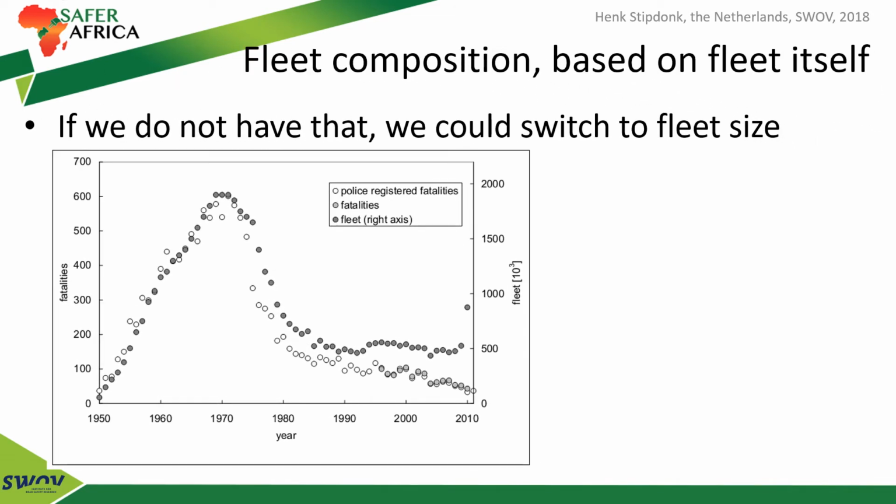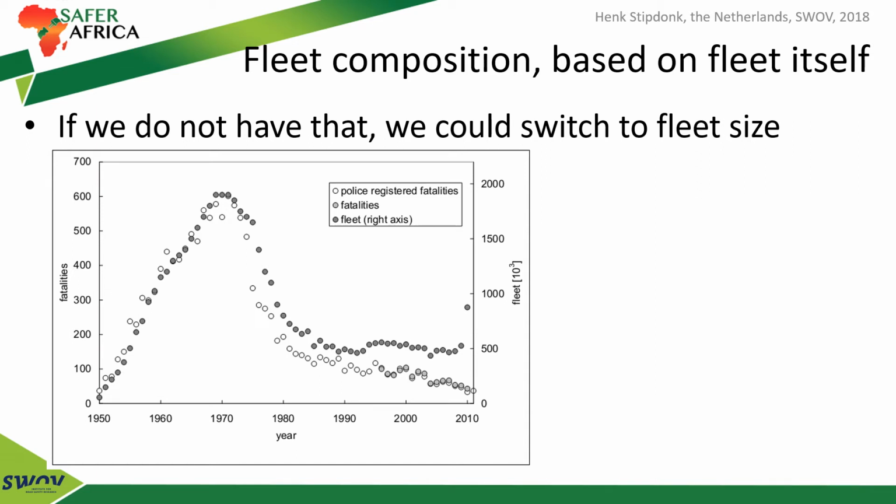If you do not lay your hands on data on distance traveled, you could even use data on fleet size. Here is an example of the fleet size of mopeds in the Netherlands, also between 1950 and 2010 this time, and we can see that fleet size increased to almost 2 million in 1970, with more than 600 people killed every year as a moped rider.